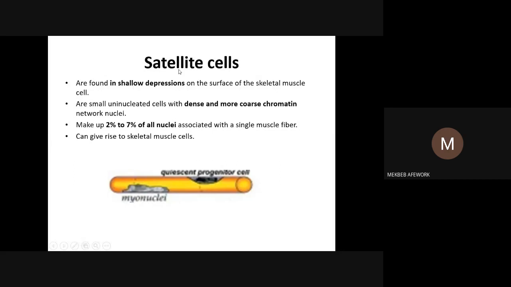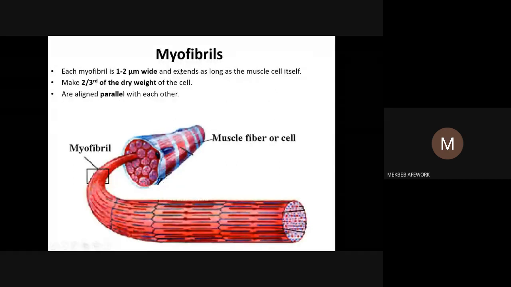They are the source. The myofibrils are about 1 to 2 micrometers in width, and they are long end-to-end chain-like arranged contractile proteins, making altogether about two-thirds of the dry weight of the muscle itself.